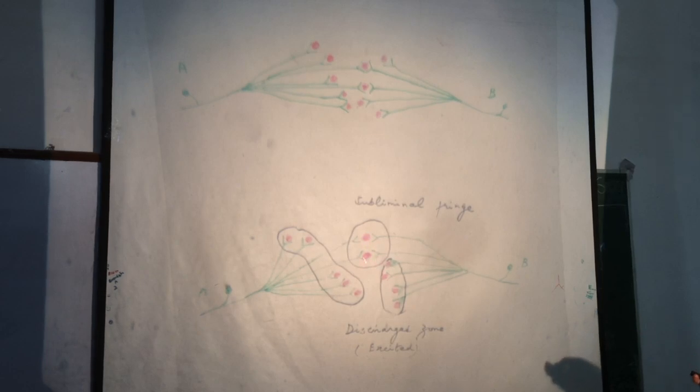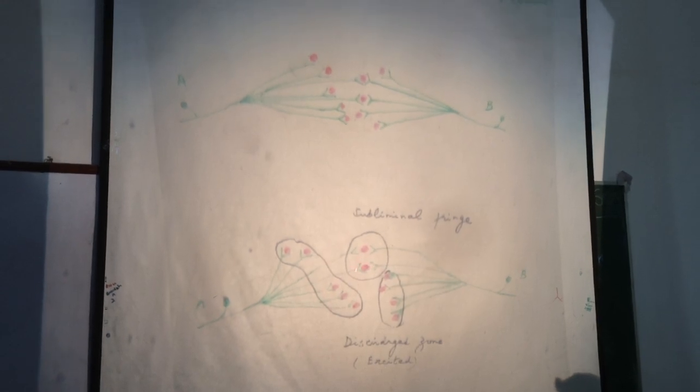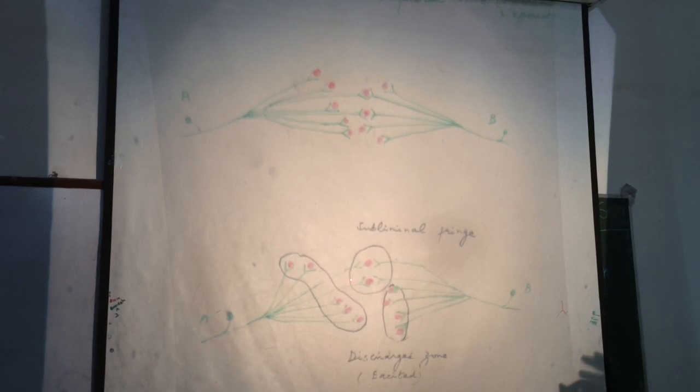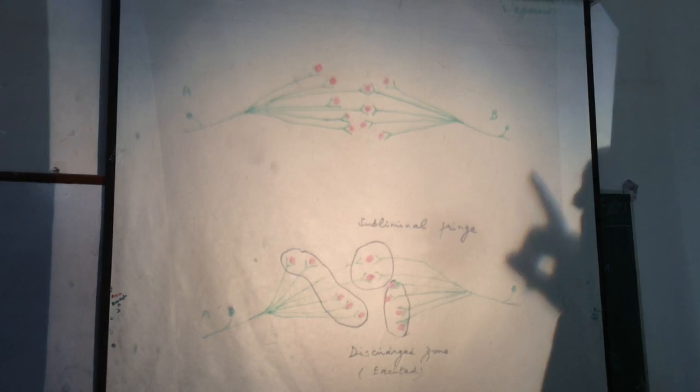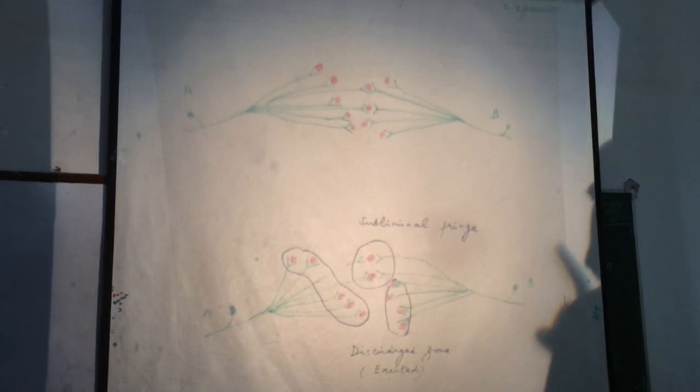These motor neurons become excited, become discharged, and give rise to 2G of extra muscle tension. So the muscle tension will be 11G, not 9G.